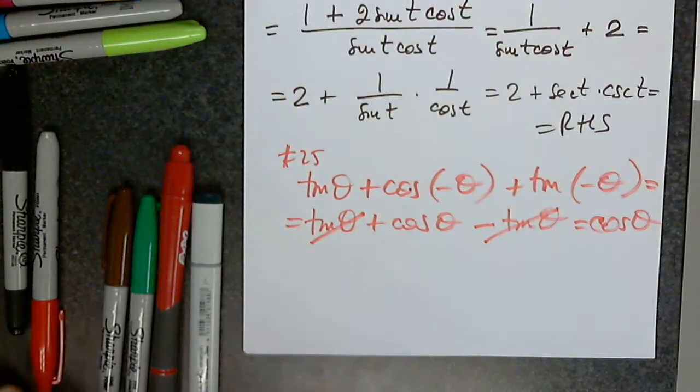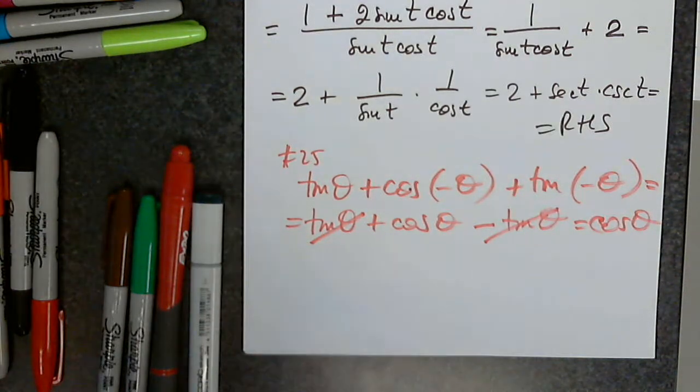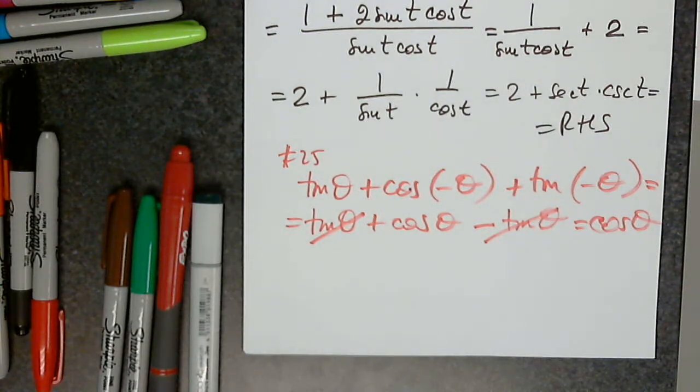I did that the wrong way. I broke it down into sine and cosine. There is no need. Remember, when you see a negative angle, your first thought is to ask yourself, is it odd or is it even? I refuse to work with negative angles.